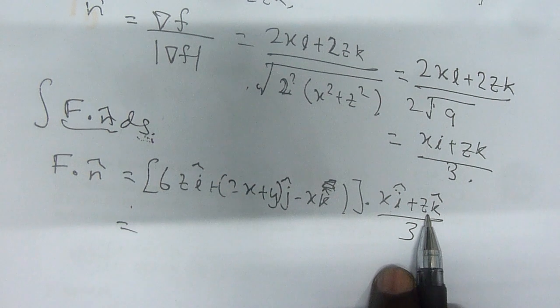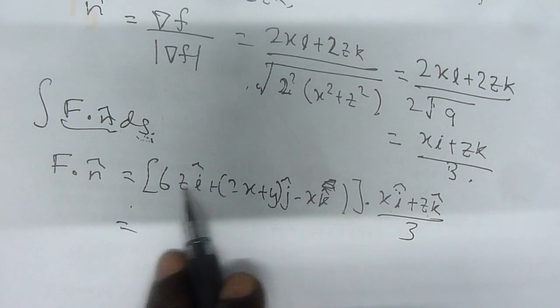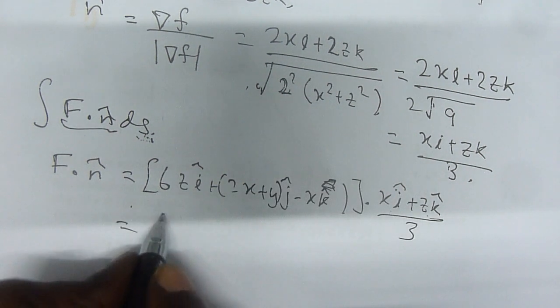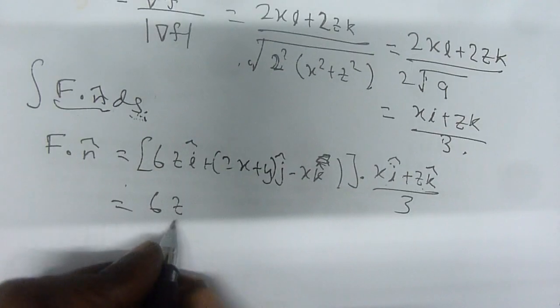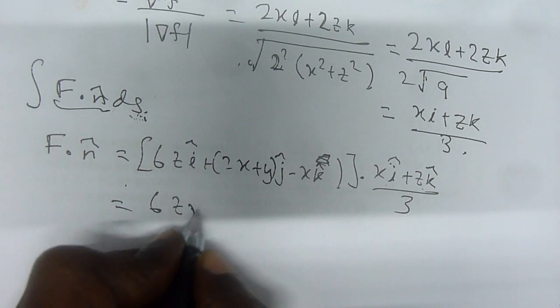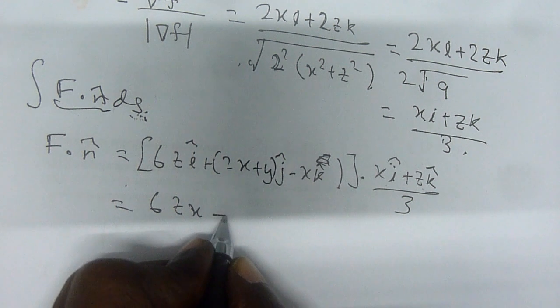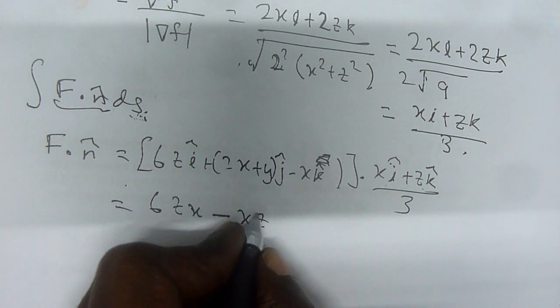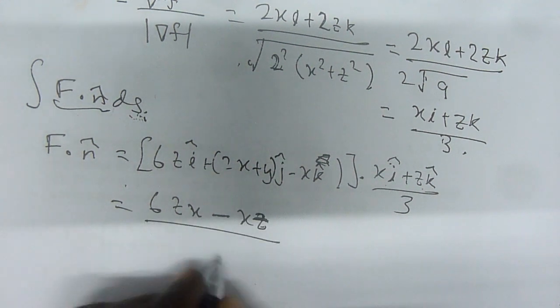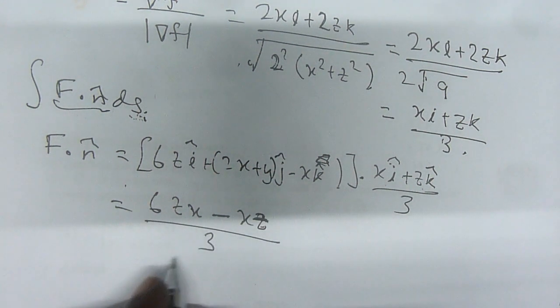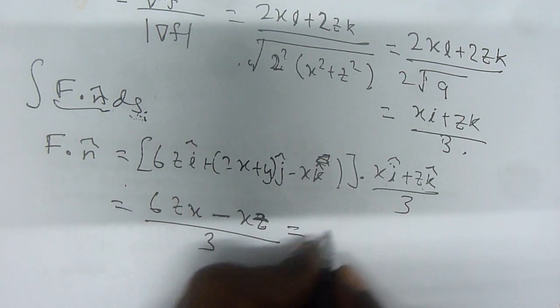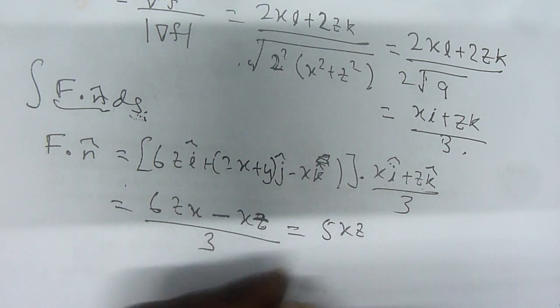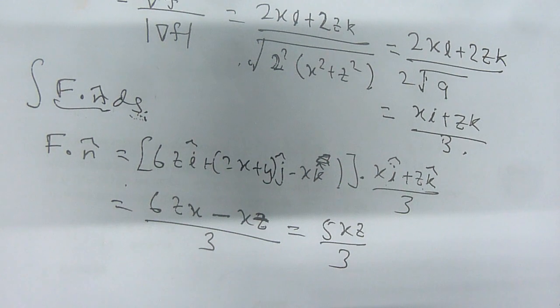Because it's an i and k combination, we go for the i component. Therefore you get 6z·x minus x·z over 3, so 5xz over 3.